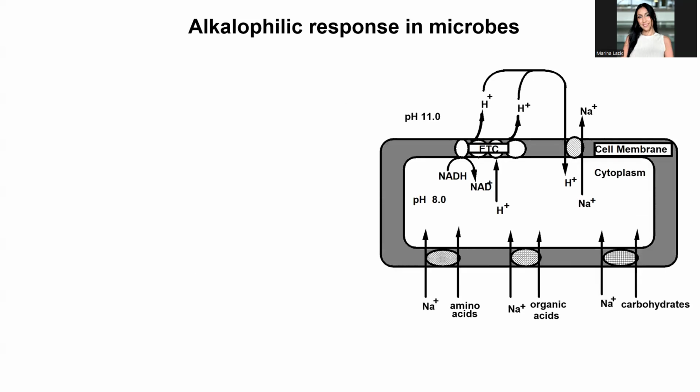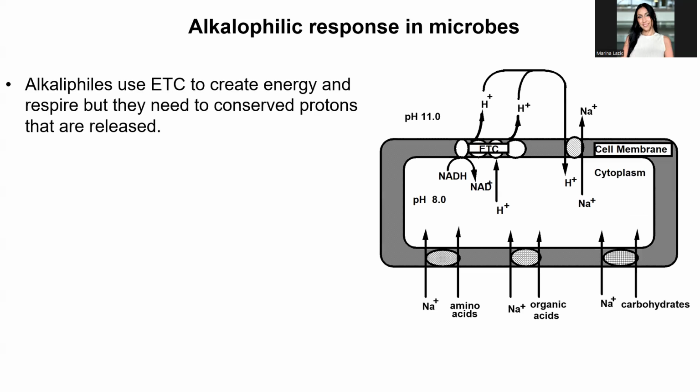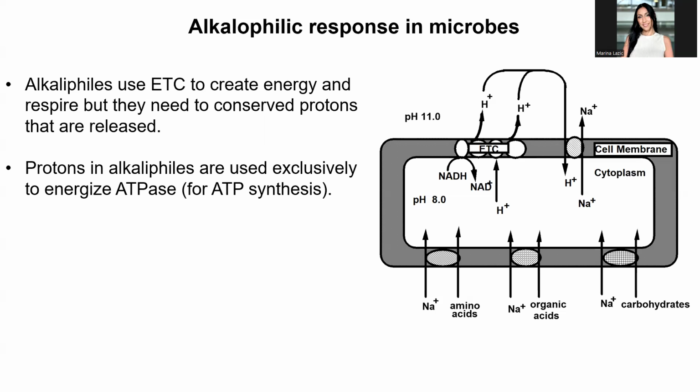It's a very specific adaptation that exists only in alkaliphiles. Again, they still use the electron transport chain to create energy, but they need to conserve protons that would generally be released. So they pump out sodium ions to generate sodium motive force. One exception is ATP synthase.